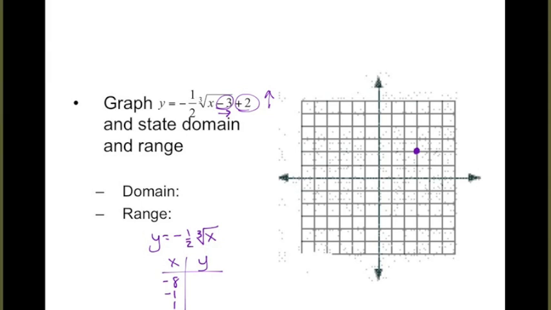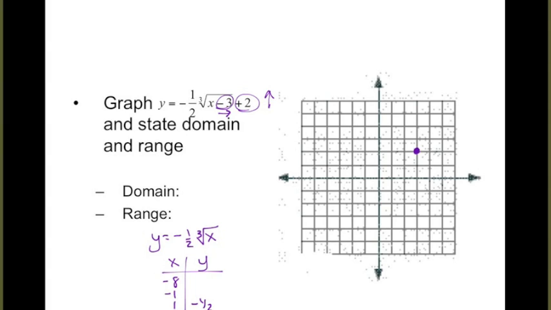Because I don't like dealing with negatives more than I have to, I usually start by plugging in the positive values on my chart. So if I start at the bottom and plug in 8, the cube root of 8 is 2, times the -1/2 gives -1. And if I plug in a 1, the cube root of 1 is 1, times -1/2 gives -1/2.